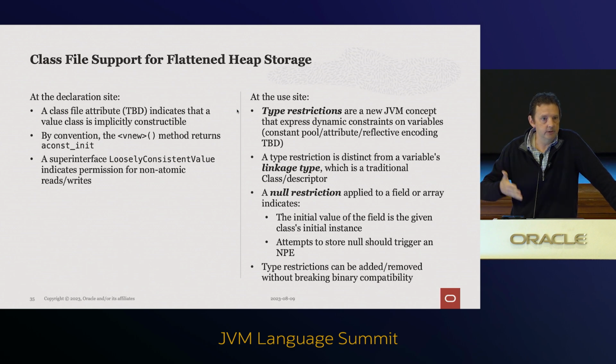And also initialize to the initial instance. So the type restriction sits to the side. It's not a type. It's not something you're going to get a java.lang.Class from. It's some other thing. But it just expresses the constraint. And then the JVM can use that to implement certain semantics and then optimize with those semantics.